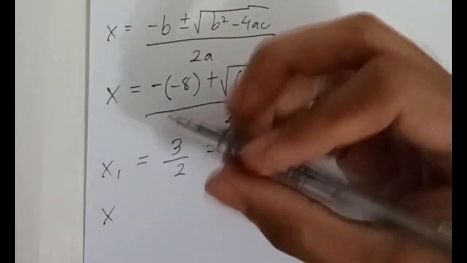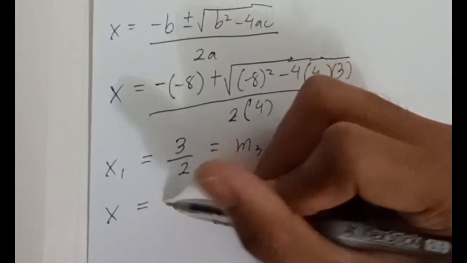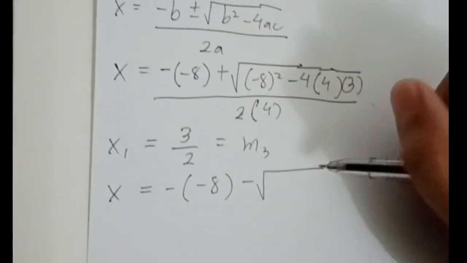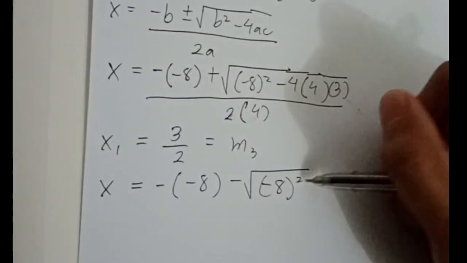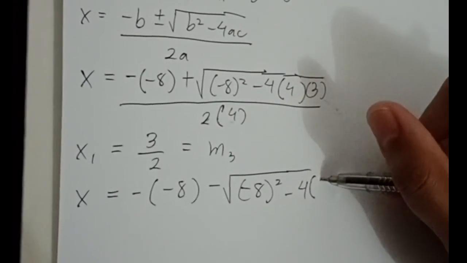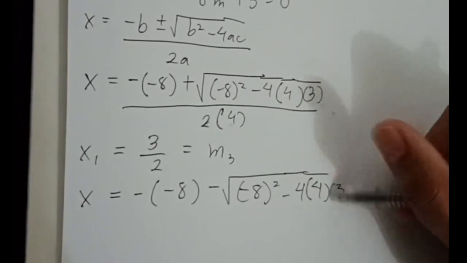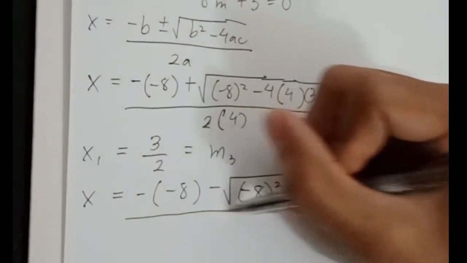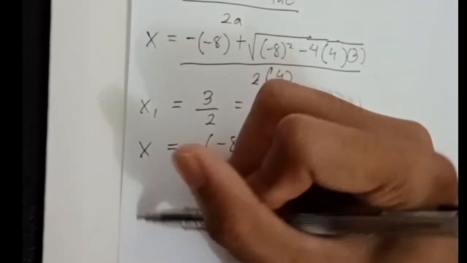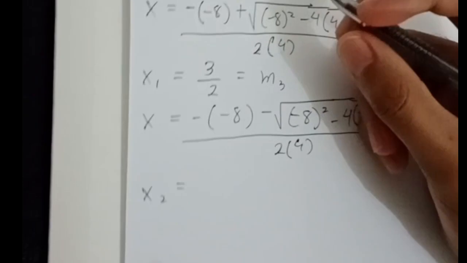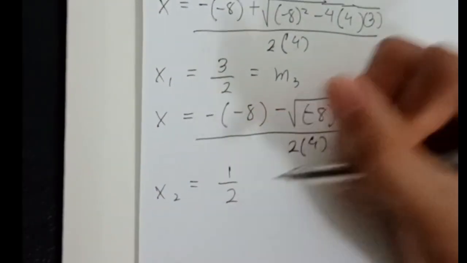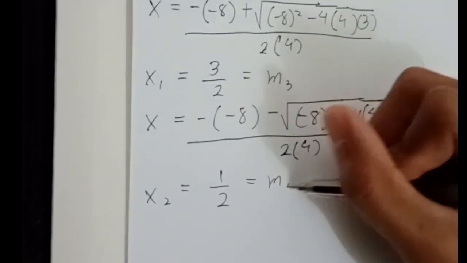So getting the negative value of our root, that will be negative times quantity of negative 8 minus the square root of b squared, so that will be negative 8 squared minus 4 times our a, that will be 4, our c, that will be 3, all over 2 times 4, our a. So the value of this is 1 half. So that will be our m sub 4.